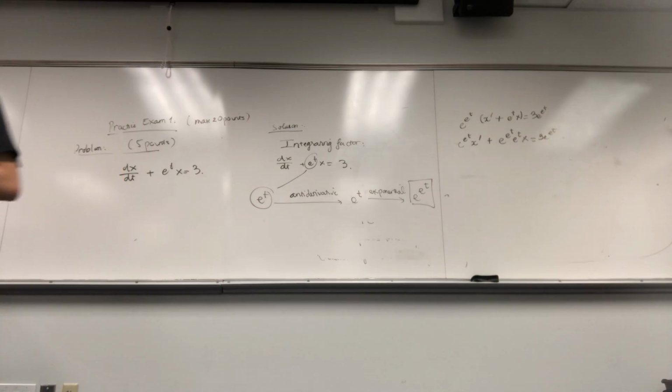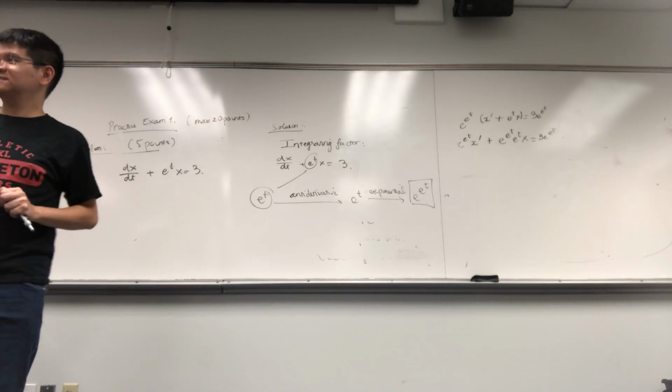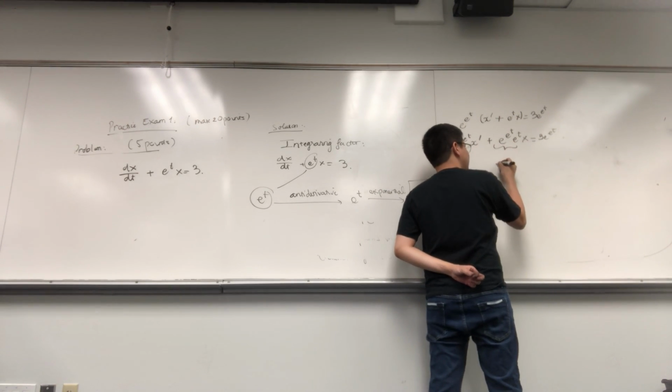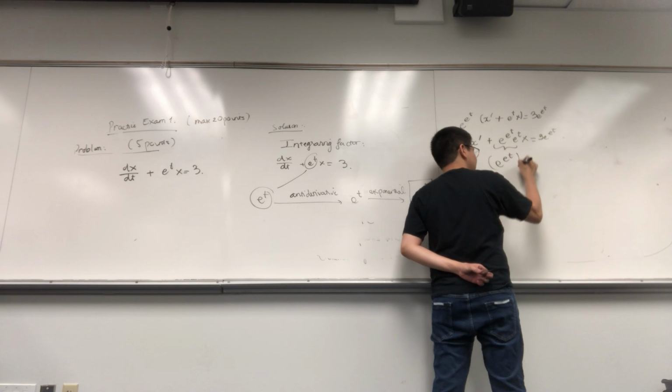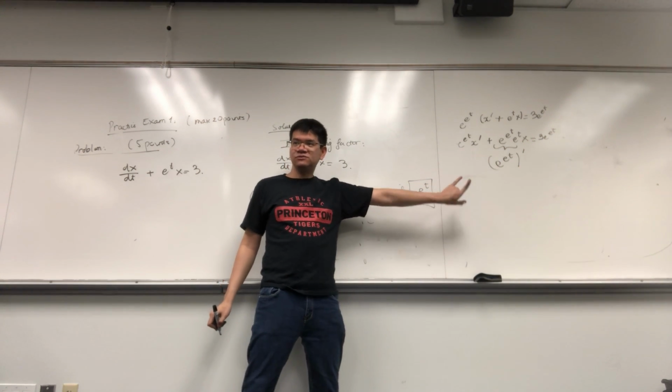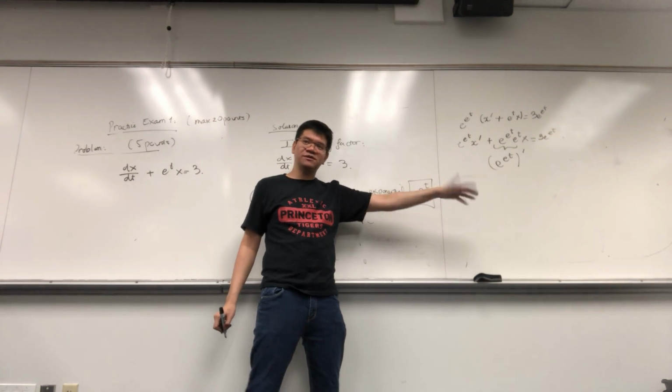So what is the next step? Yes? E to the e to the t times e to the t is the derivative of e to the e to the t. So this is (e to the e to the t) prime. This is the whole meaning of the integrating factor.